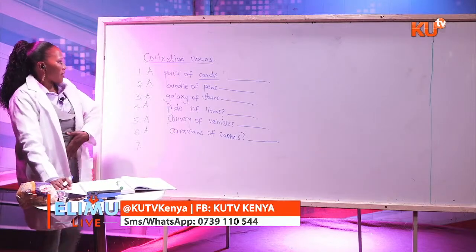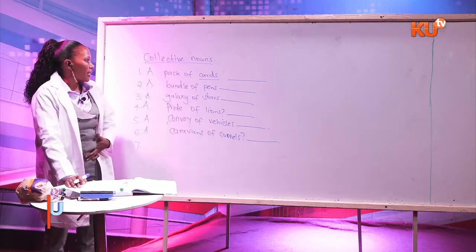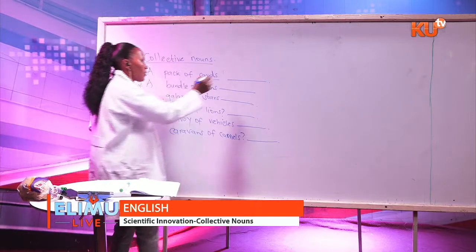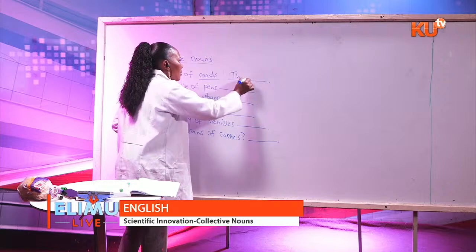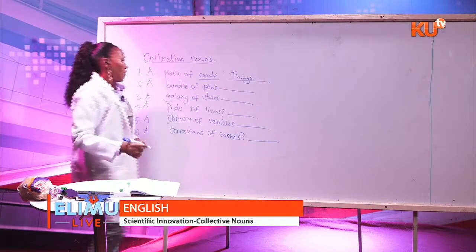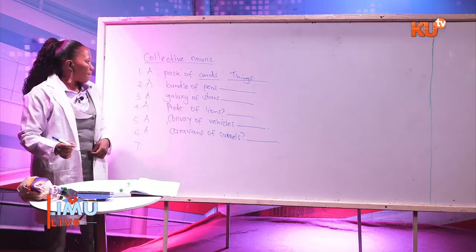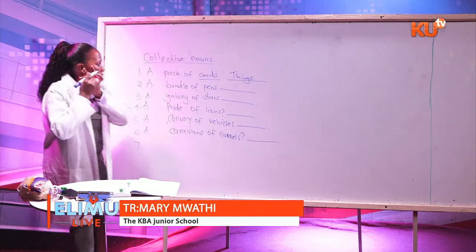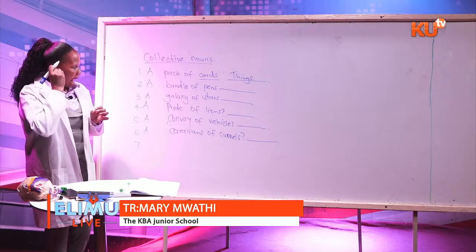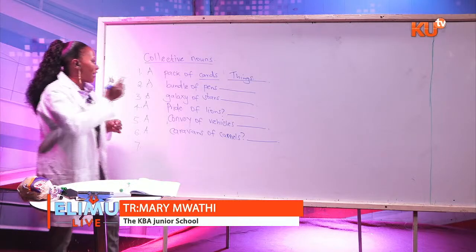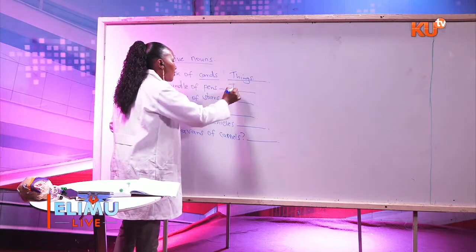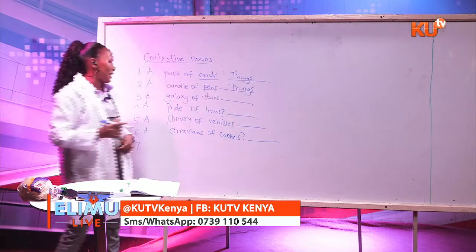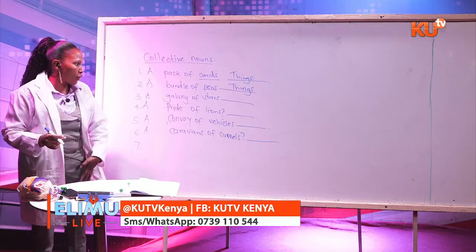Let us look first at the collective nouns. Number 1, a pack of cards. It's classified according to things. Well done. A bundle of pens. It's classified as a group of things, because pens are things. We have a galaxy of stars.